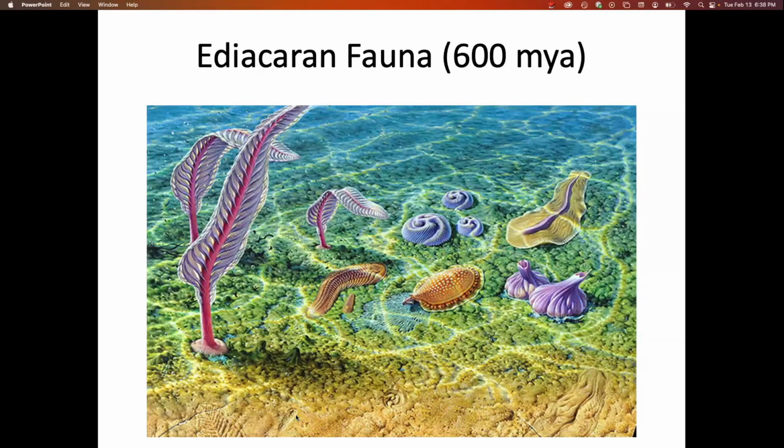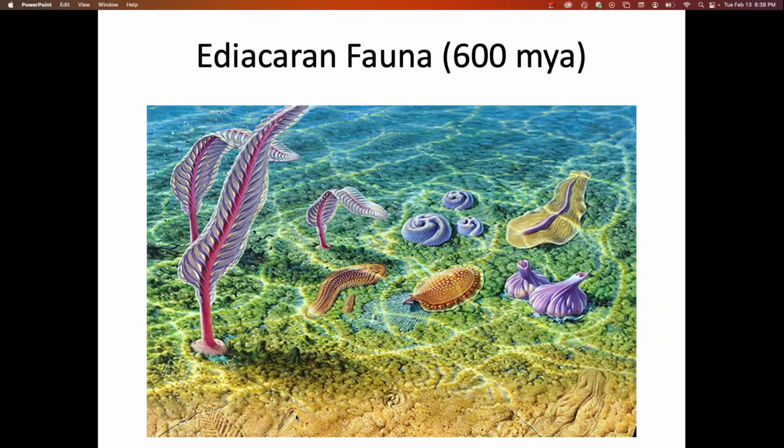Most of the multicellular lineages that we think of today, like sponges and mollusks and all kinds of other groups, they all kind of originate as part of that Cambrian explosion. But just prior to that, we had this weird multicellular group of organisms called the Ediacaran fauna that people don't know much about.